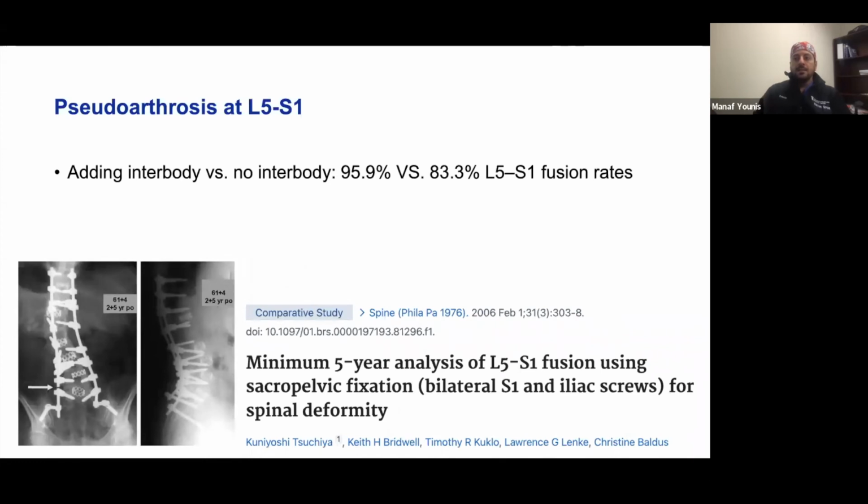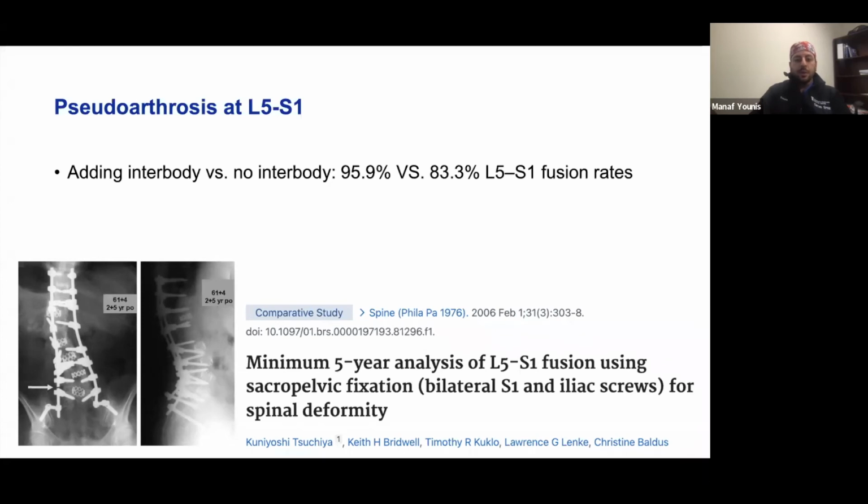Next, please. While many studies have examined factors such as foraminal height, disc height, segmental angle, and pelvic parameters with interbody placements, few studies have focused on the difference in fusion rates between anterior and posterior approaches. So in this study, Sushiya et al. showed that in adult degenerative scoliosis, adding an interbody support increased the L5-S1 fusion rate to 95% versus only 83% without interbody support.